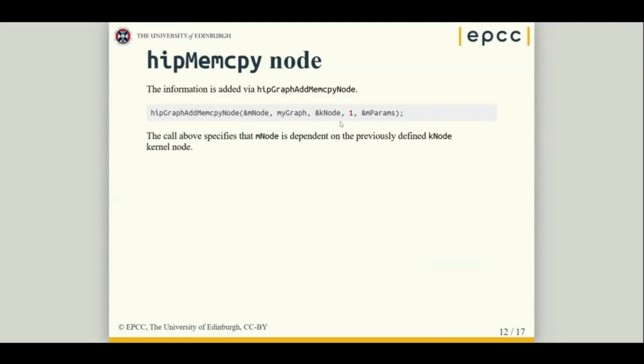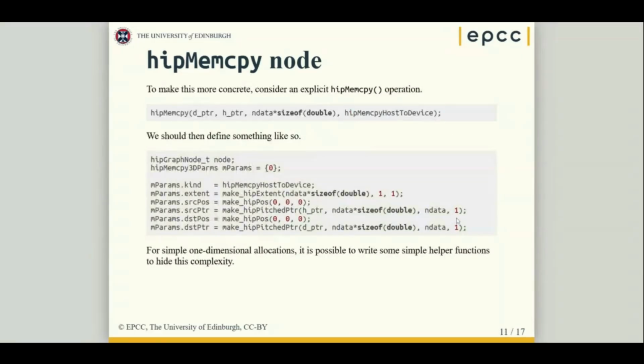This node depends on the kernel node. So when the kernel node finishes the execution, this memory node will execute. Number of dependencies is 1, and the parameters that we have defined here.